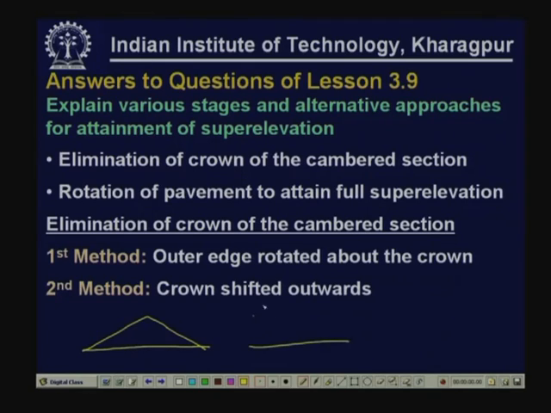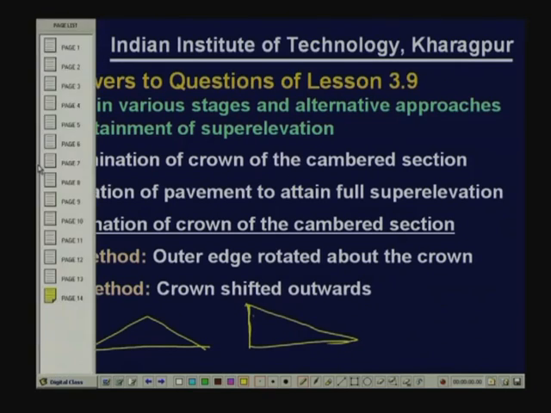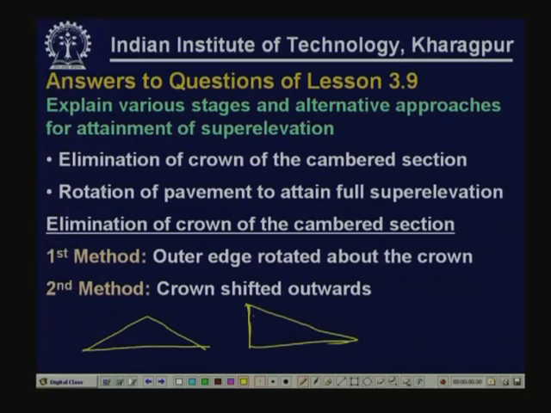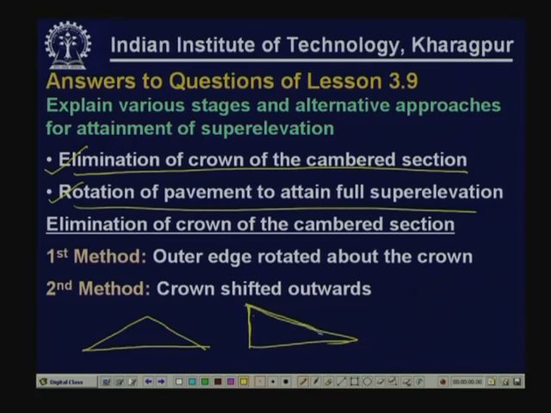So, first stage is to have uniform slope equal to camber, that was elimination of the crown of cambered section. Then further rotation of pavement to attain the full superelevation. So, this line is rotated again further to have the required superelevation.